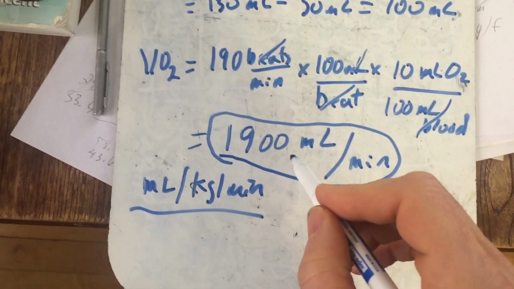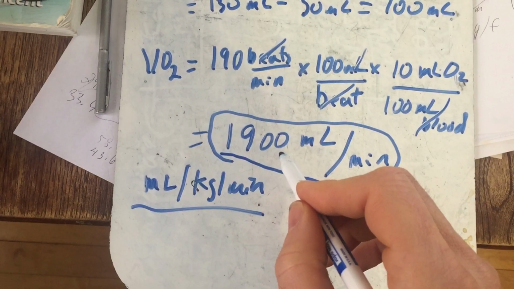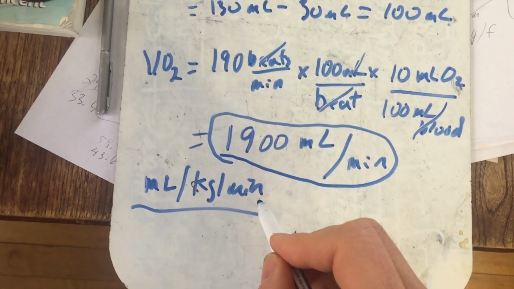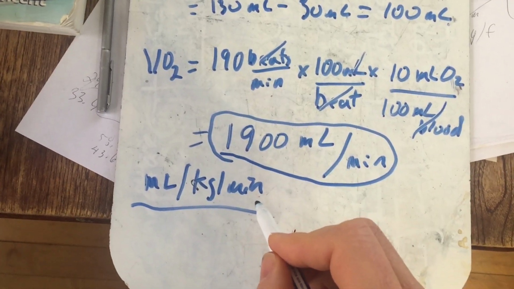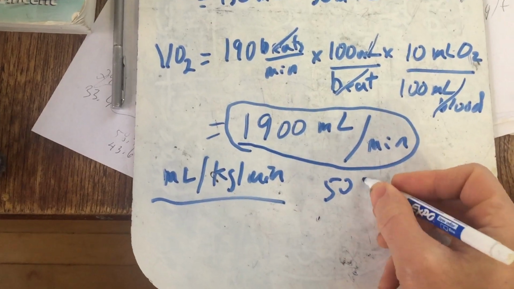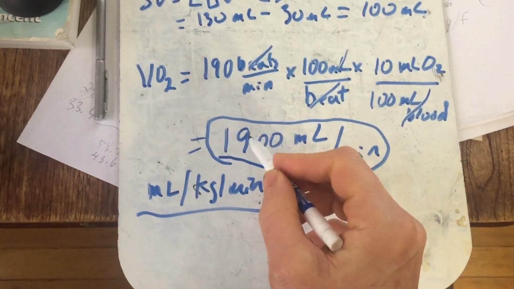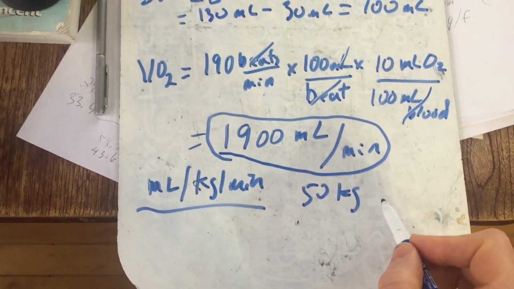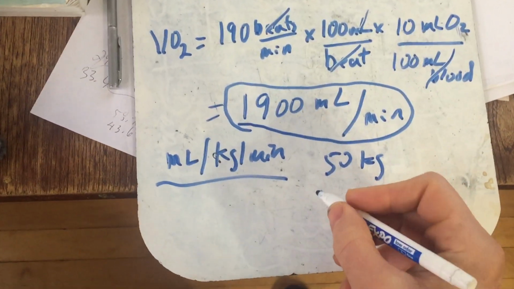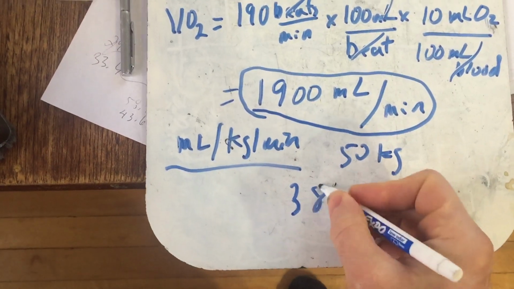But if you use your thinking, if you had, say, a very, very light person, even a person that was just over 100 pounds or about 50 kilograms, 1900 divided by 50 kilograms would give you a VO2 max of about 38.